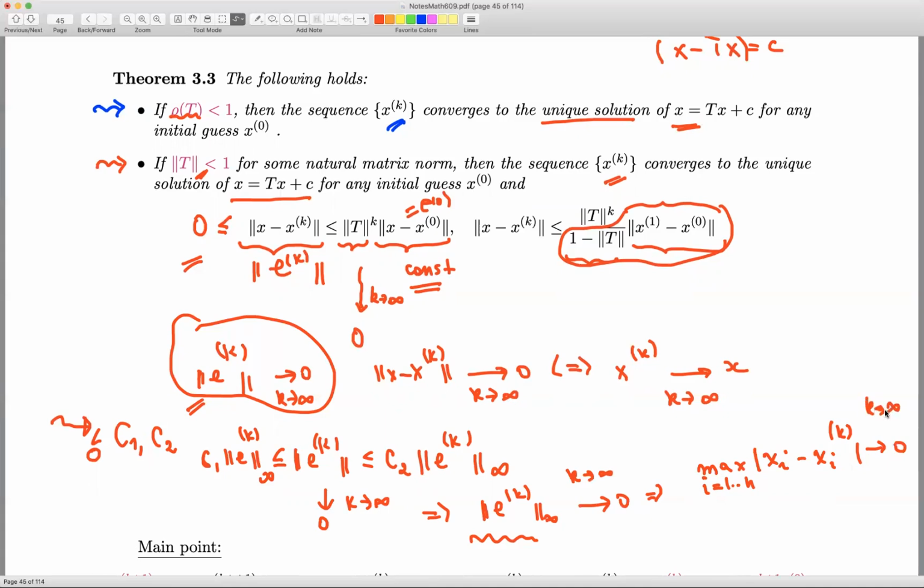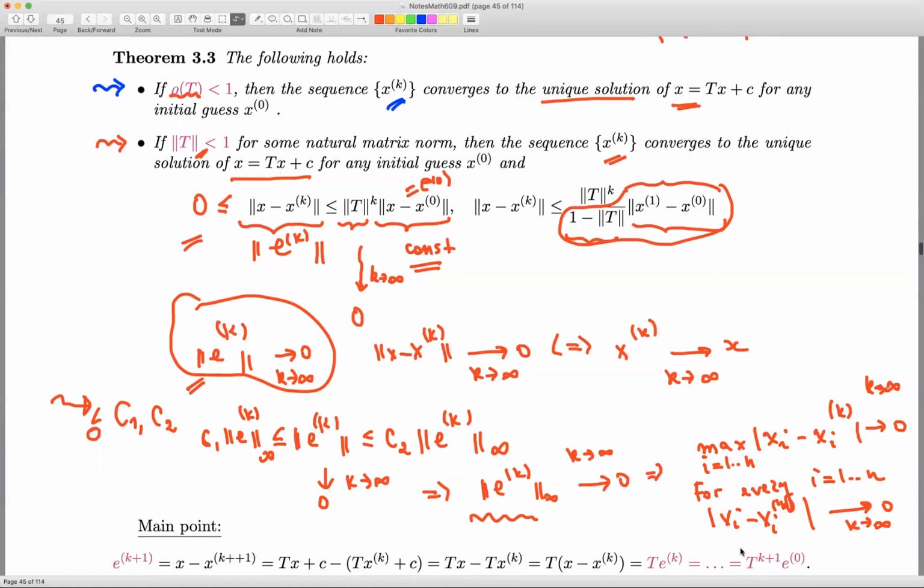So what does that mean? If the maximum of a finite number of numbers goes to 0, basically this would mean that for every i from 1 to n, the absolute value of xi minus xik will go to 0 as k goes to infinity.